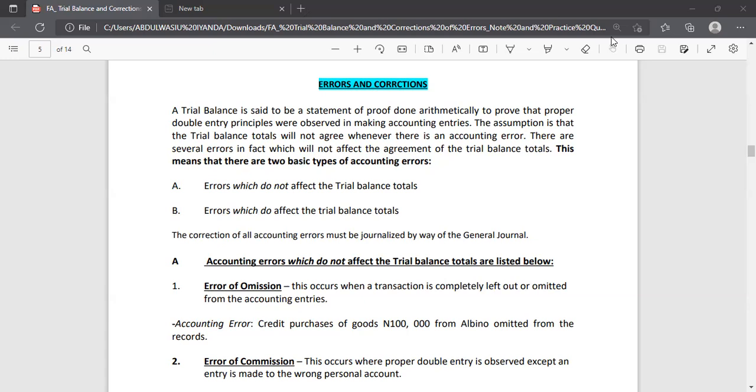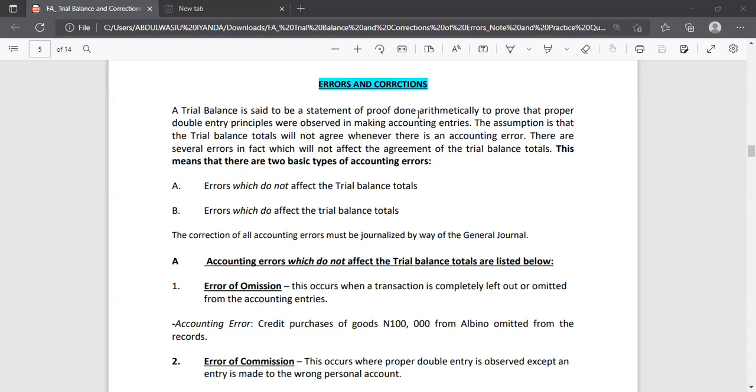But the key thing for you to really understand this topic is you have to understand the double entry principle very well. And you know already, like I always make mention from the beginning of this class to where we are now, that we have 5 elements of financial statement.